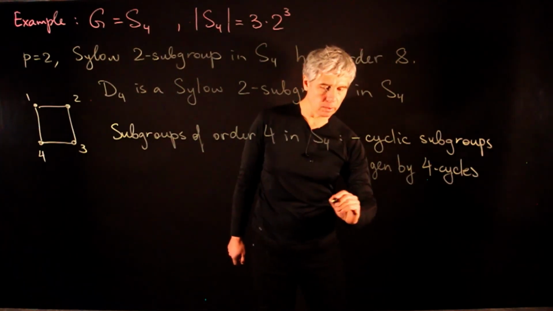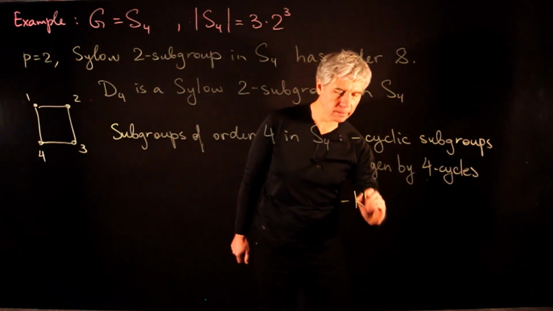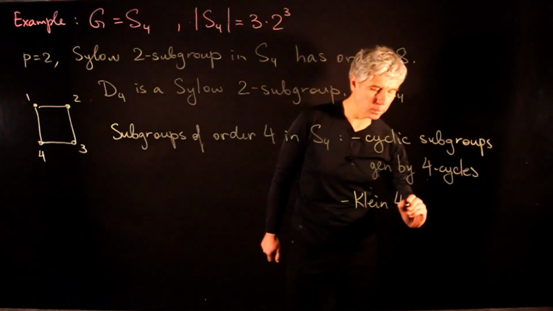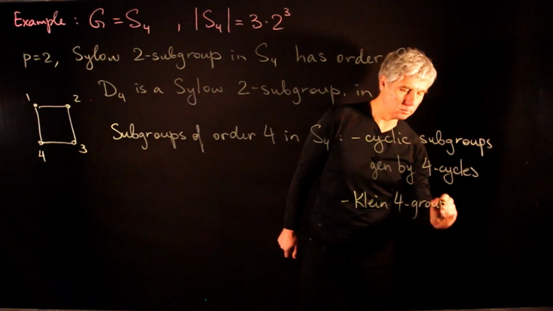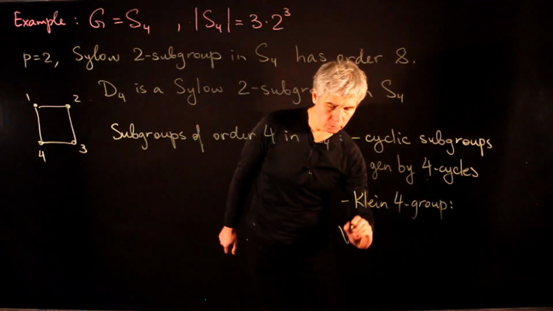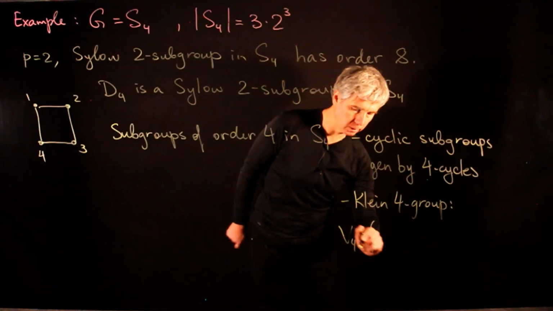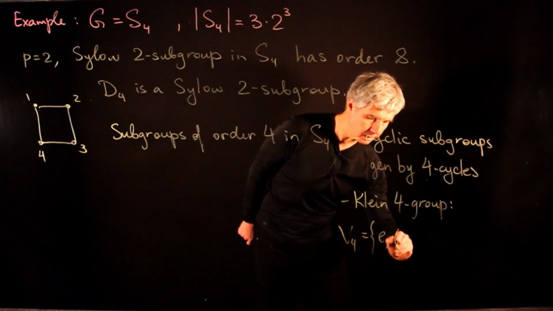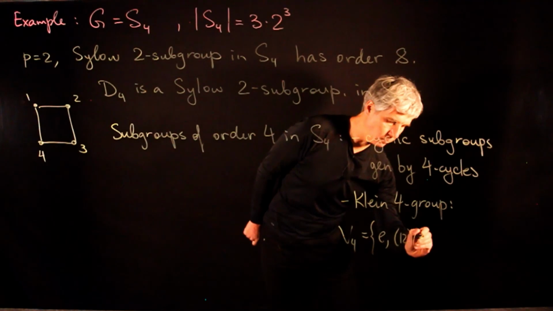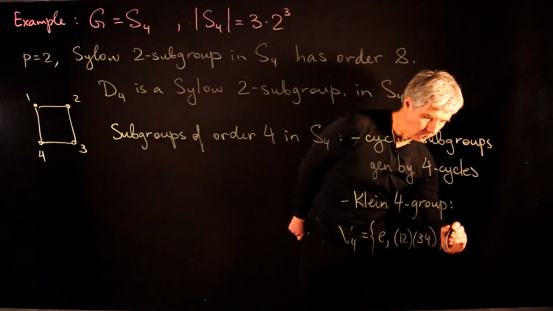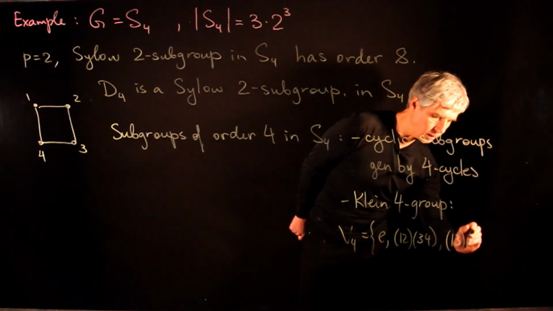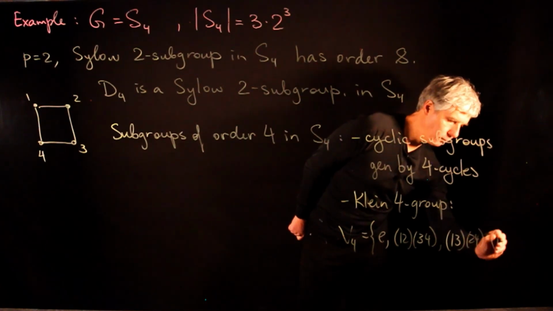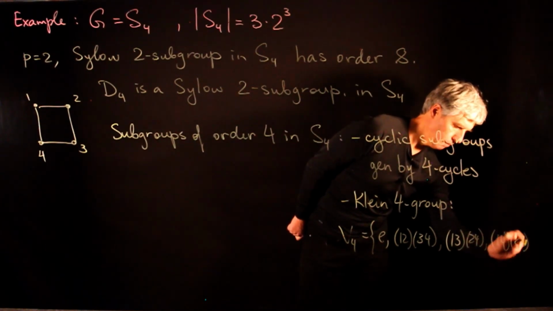But that's not all. We also have the Klein 4 group, which is denoted V4, which is the following subgroup in S4: identity, (1, 2)(3, 4), (1, 3)(2, 4), and (1, 4)(2, 3).